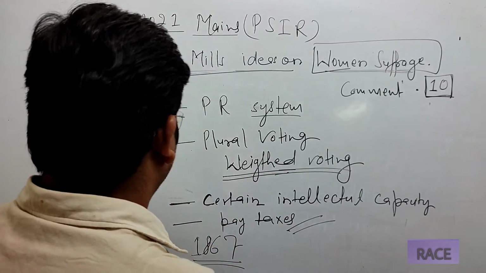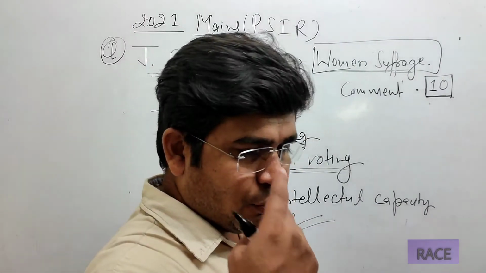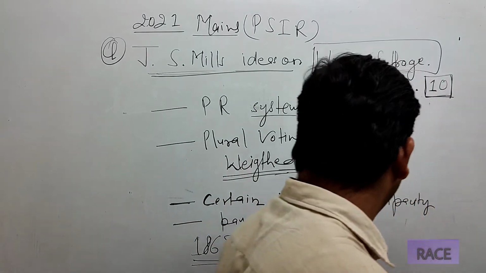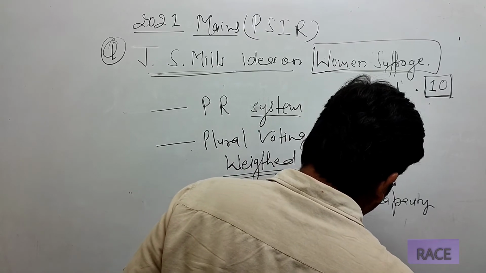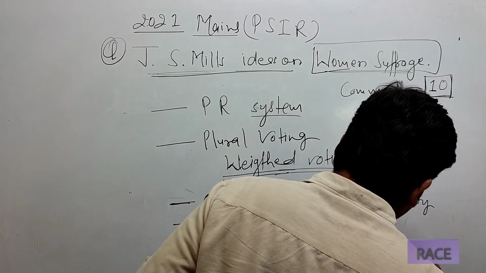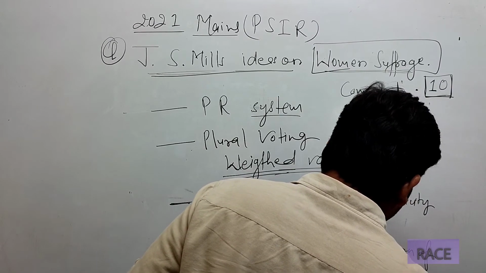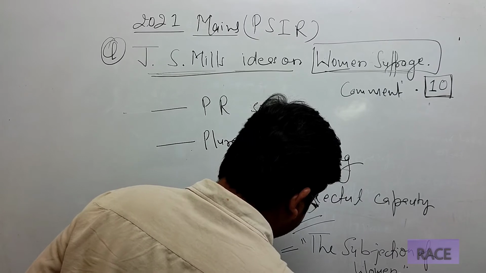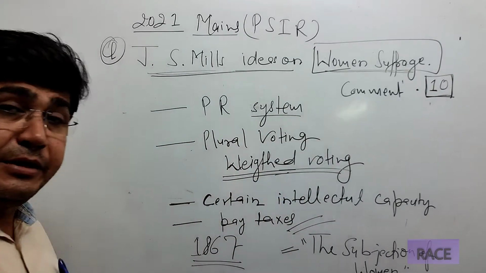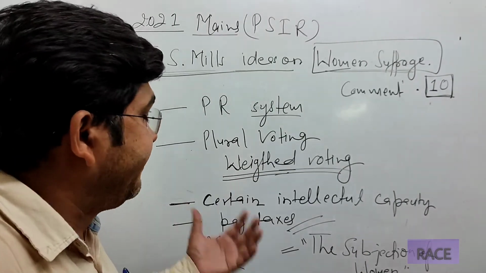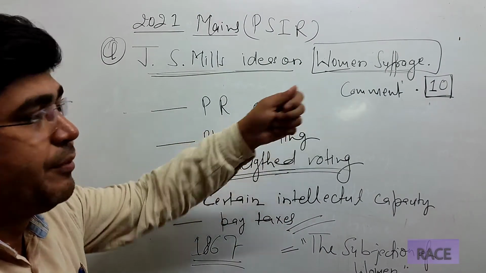Second point is that he also wrote an essay, the name of the essay was The Subjection of Women. This essay was published in 1869, in which he again very emphatically put forward the case of women's empowerment through women's suffrage.